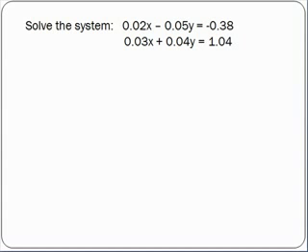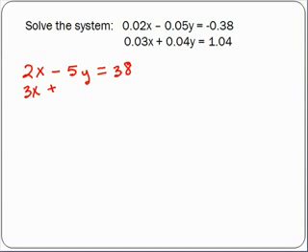So that will give us 2x minus 5y is equal to 38, and 3x plus 4y is equal to 104.